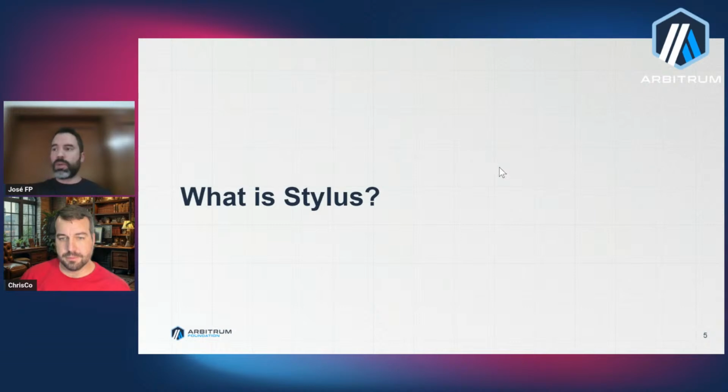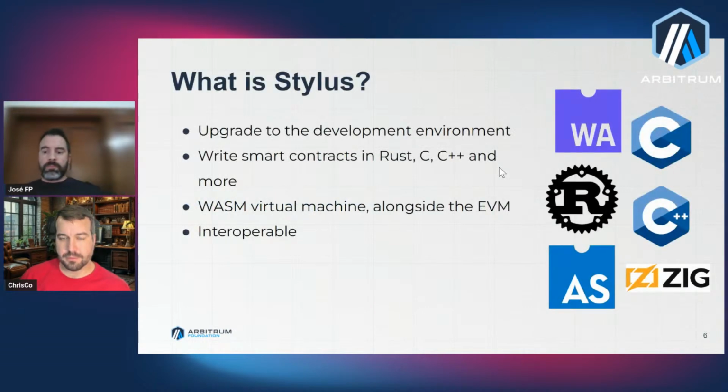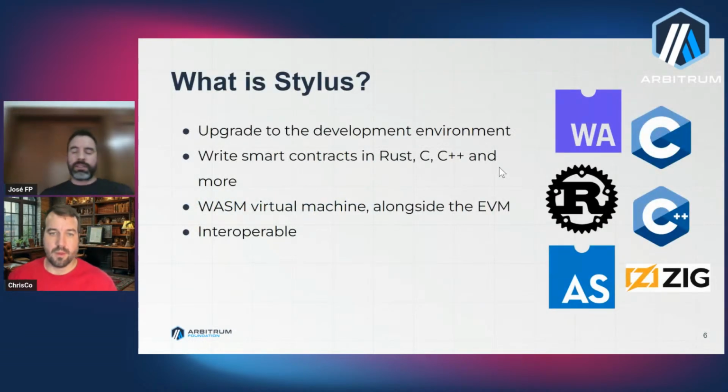All right, so what is Stylus? Stylus is an upgrade to the traditional development environment for smart contracts on EVM chains, okay? What this means is that before Stylus, if you wanted to write a smart contract, you would probably do it in Solidity or in Vyper, but those were your options, right?